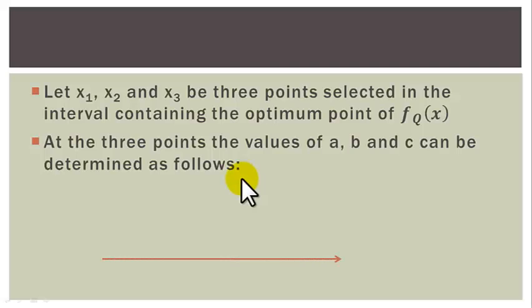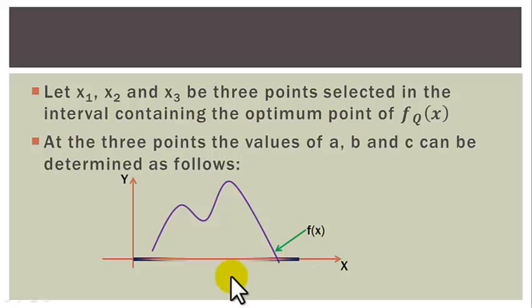We draw the x-axis and then the y-axis. Let us draw our function f of x. This is the function f of x defined over the interval from here to this point.